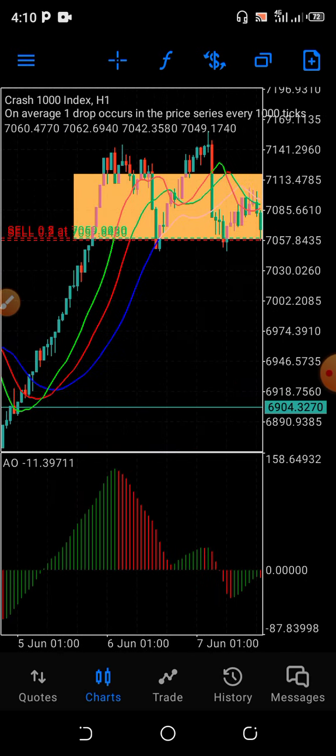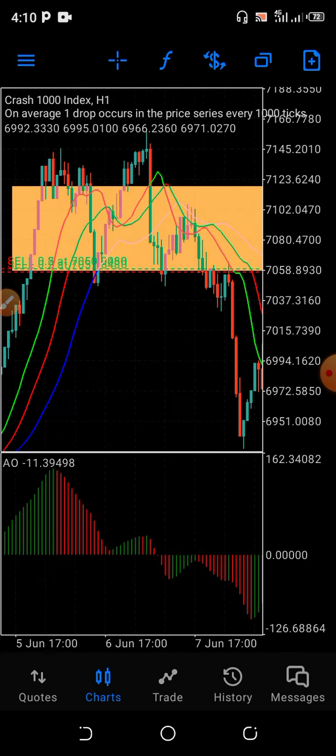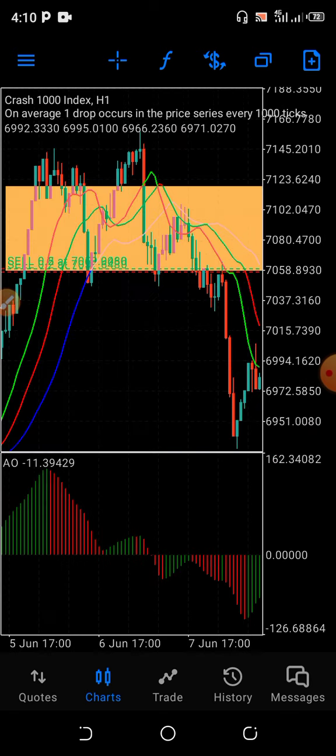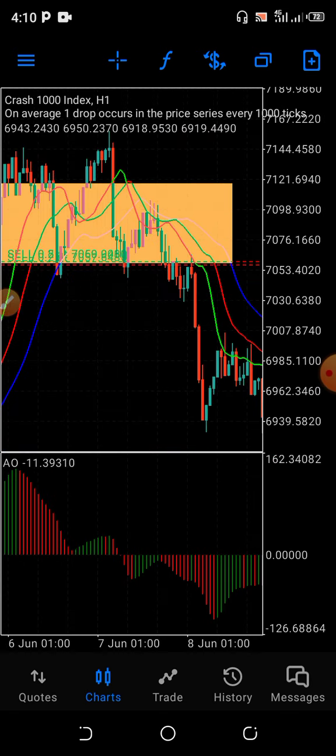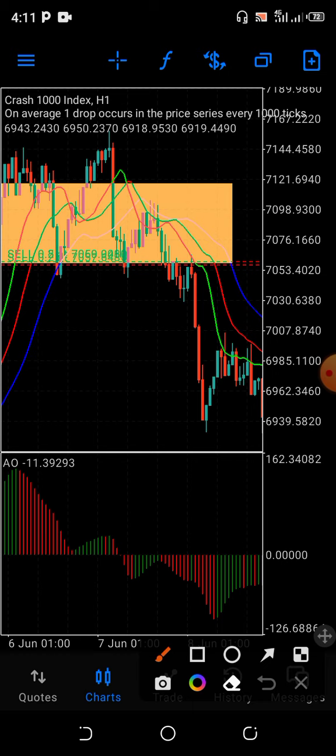So when I placed this, I was waiting for this particular market. This is the 1 hour time frame now. I was waiting for a breakout here. Because I have seen this candle inside here, please watch.